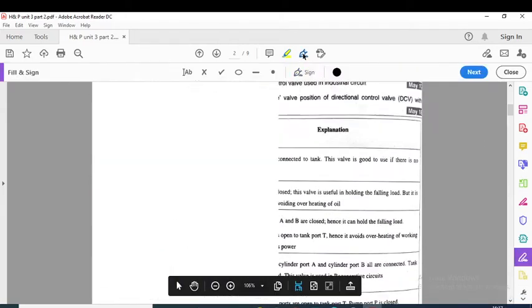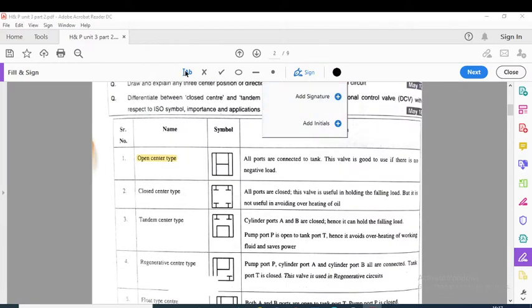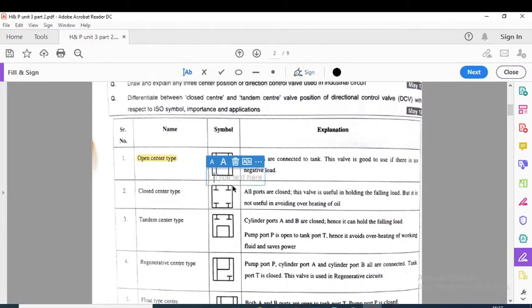So here this is the port P, this is the port T, this is the port A, and this is the port B here.